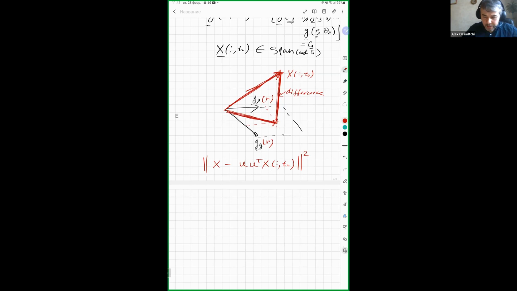And then if this guy is small, you are happy, but this is equivalent to maximizing this guy, right? Why?